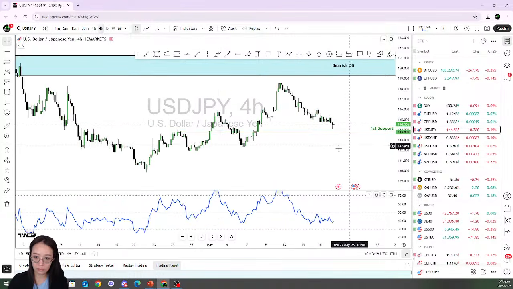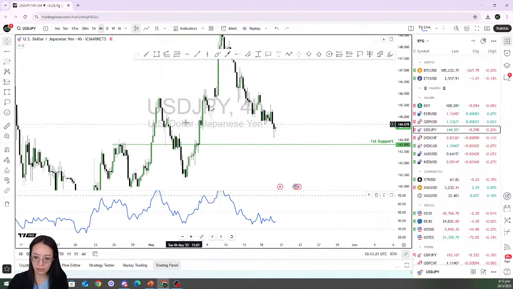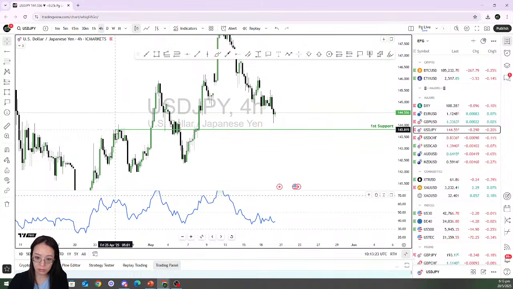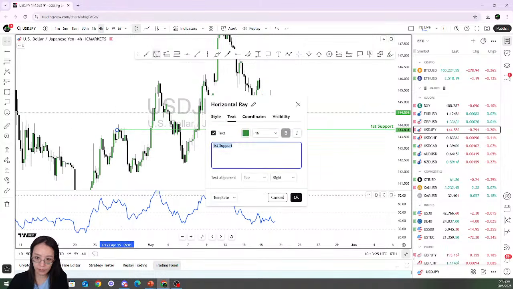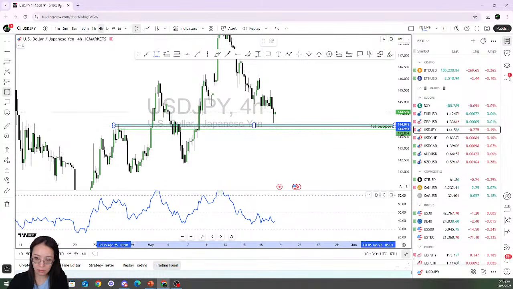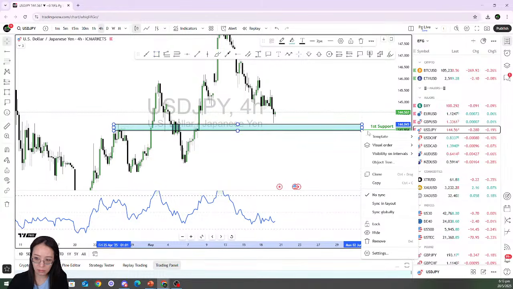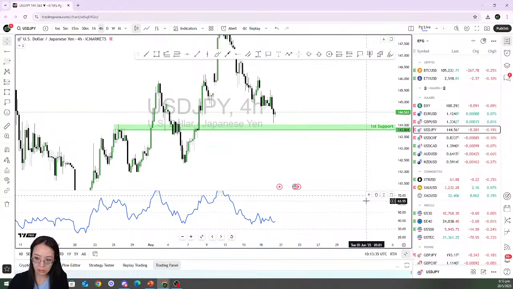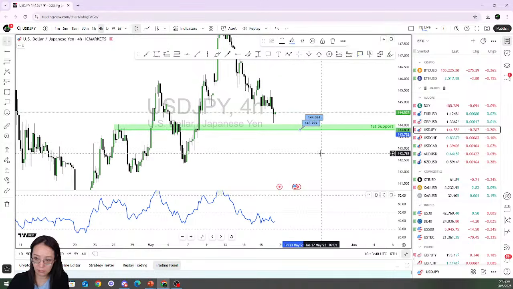Go to H4. Okay, so basically I'm waiting to buy at this zone. Okay.